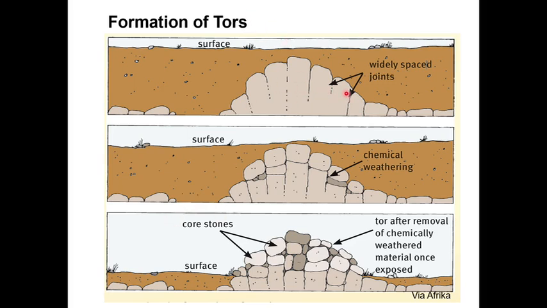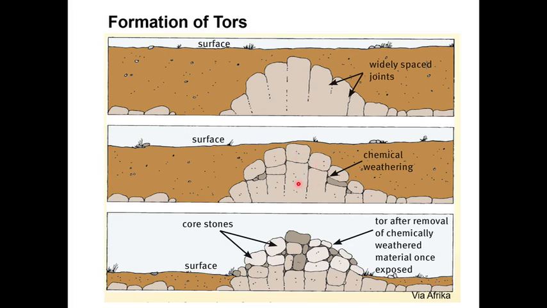Here we've got widely spaced joints, very widely spaced joints. And what happens then is that chemical weathering takes place. Can you see what's happening now between the joints? You see these stones are being formed already.